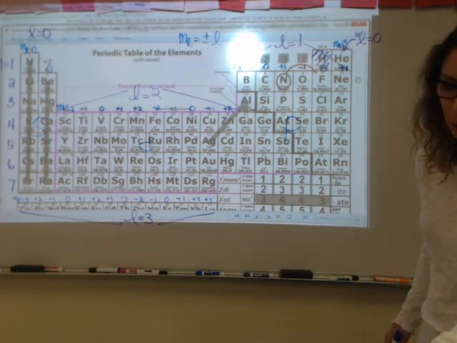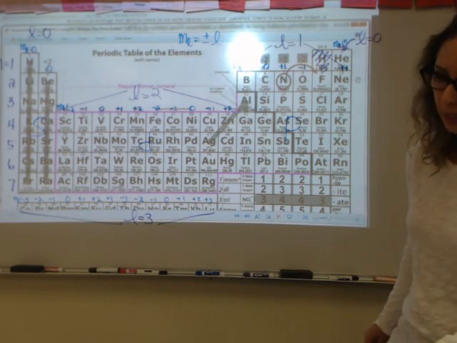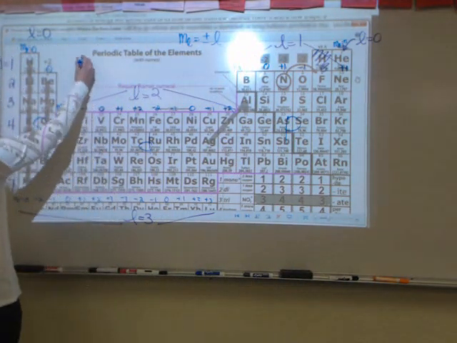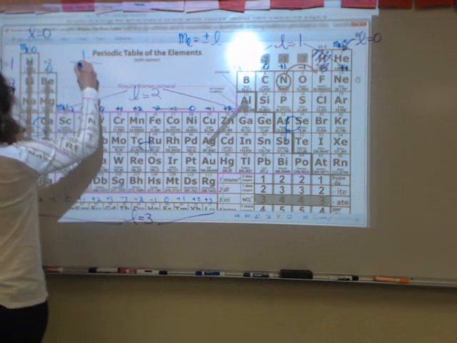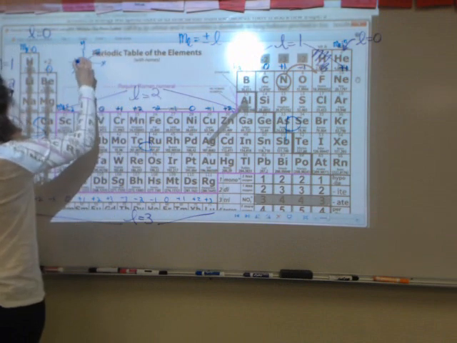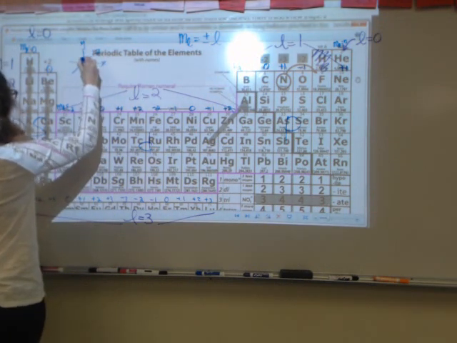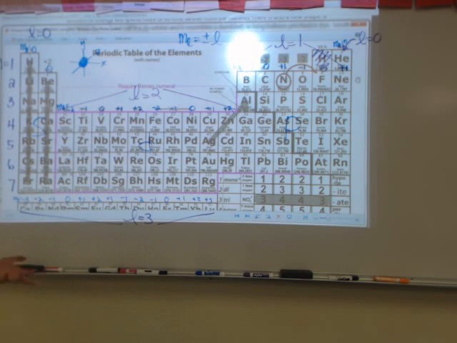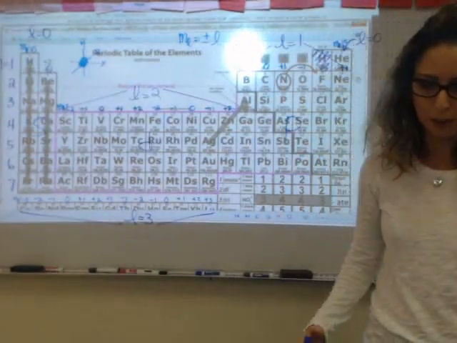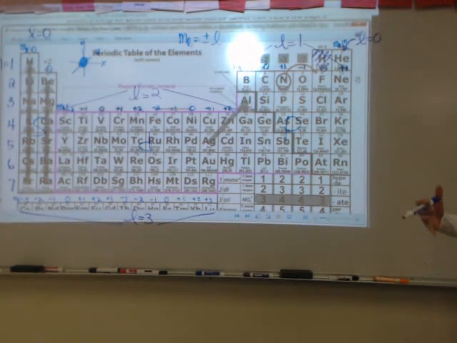Only a single s orbital exists at any given energy level because s's are spherical clouds. So if I'm looking at my x, y, and z axis, and a spherical cloud created by electrons outside the nucleus, they can only exist three-dimensionally in one place, which would be within that sphere.